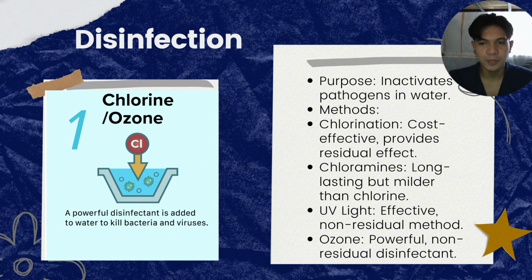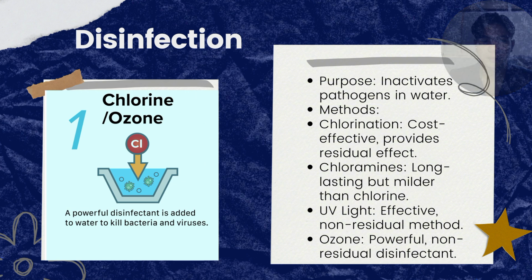It damages the DNA of microorganisms, preventing them from reproducing. And last is ozone. Ozone is a powerful disinfectant but challenging to maintain as a residual, making it primarily a disinfectant. So that's all for the water treatment processes or for the treatment of water.